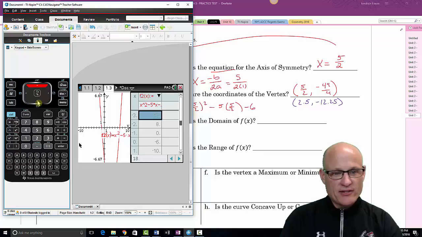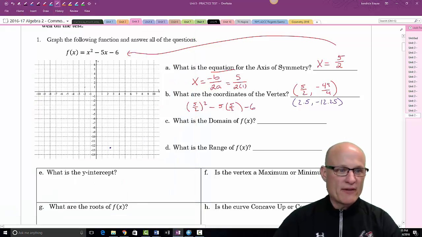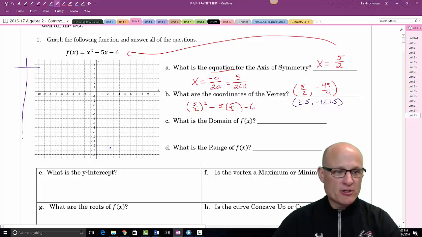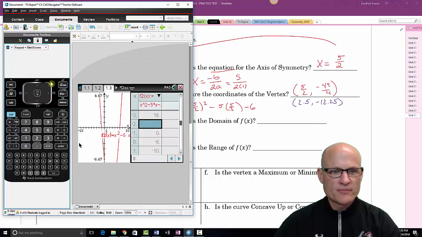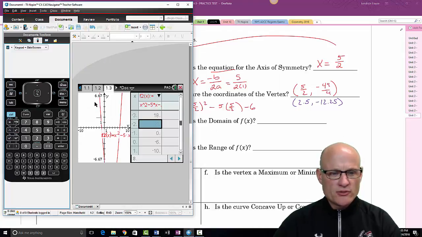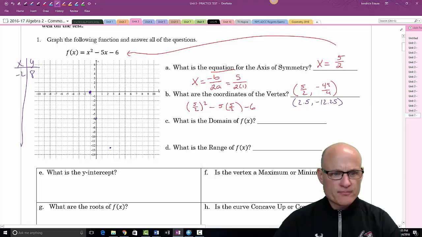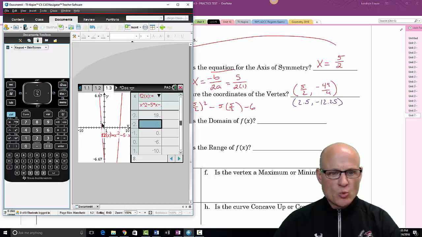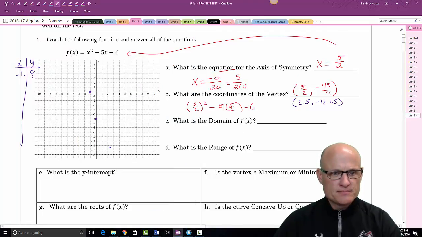I can't graph that, so I can graph negative 2, 8, and I should really show my values. I mean, that's part of showing your work, x and y. Negative 2, 8. Can't do that one. Negative 1, 0. 0, negative 6. 1, negative 10.